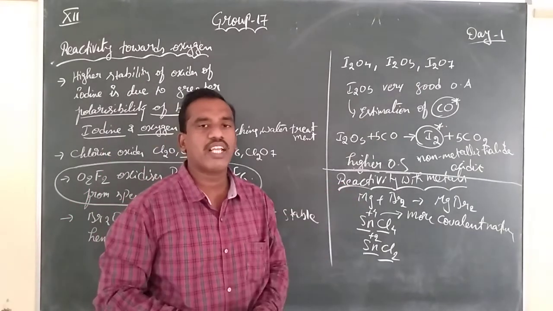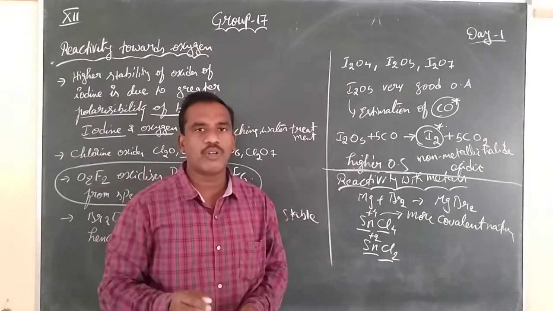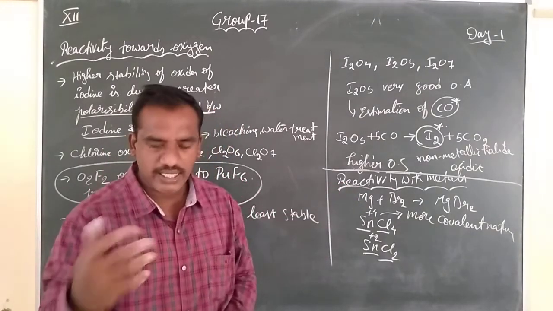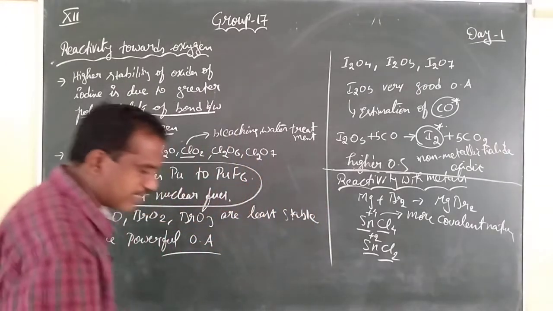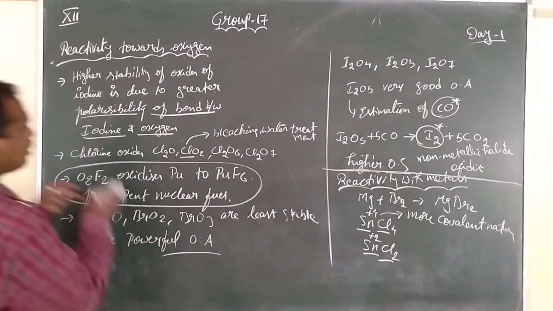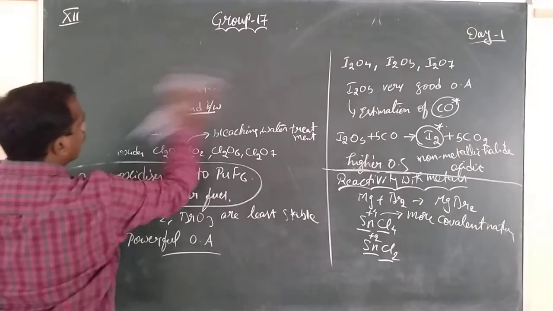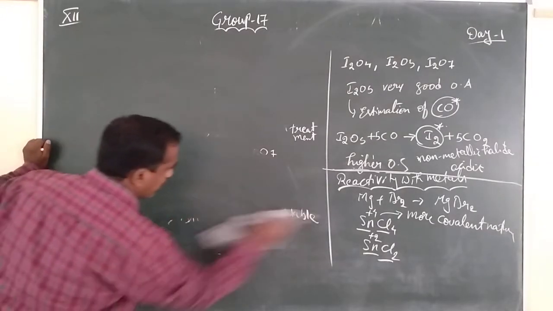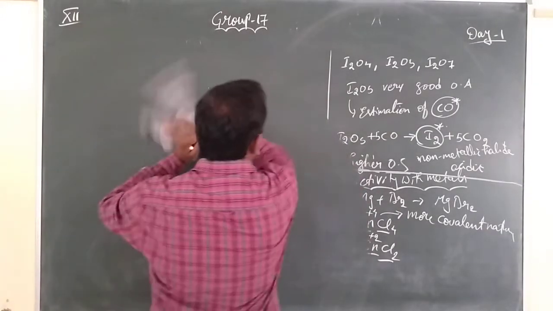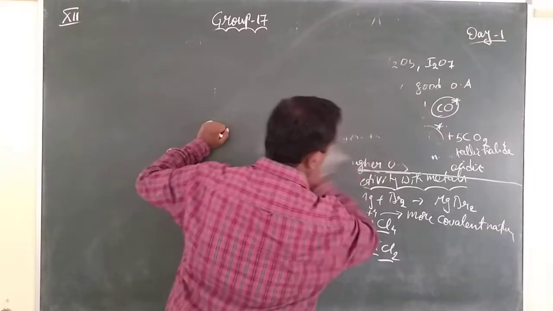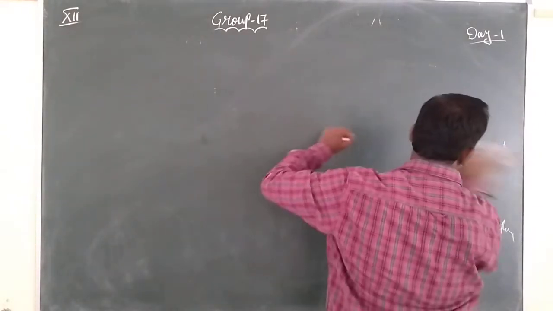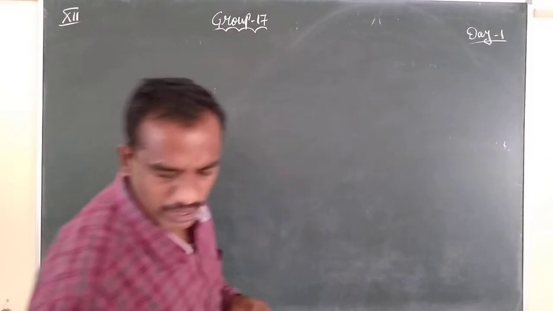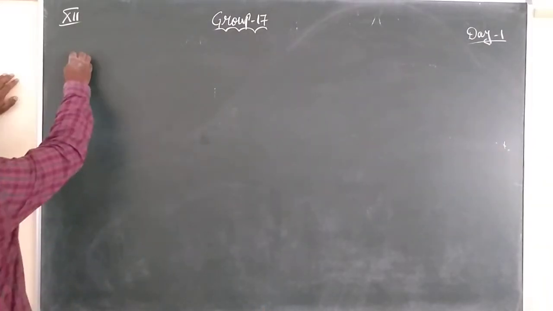Then after this we can see the interhalogen compounds: XX', XX'3, XX'5 and XX'7. So let us see the interhalogen compounds here. What types of interhalogen compounds are found, children? Textbook equations only you practice.